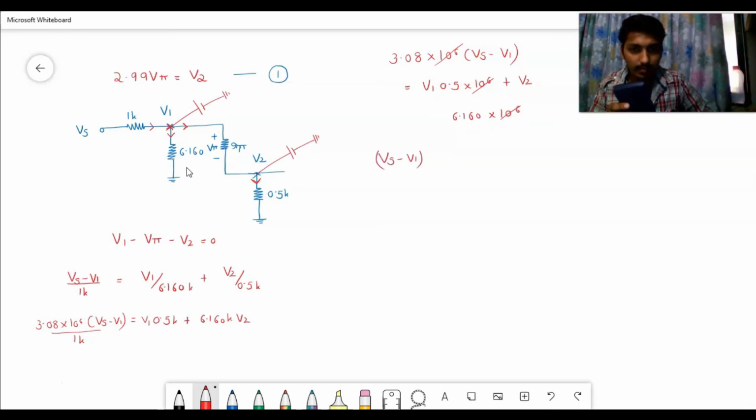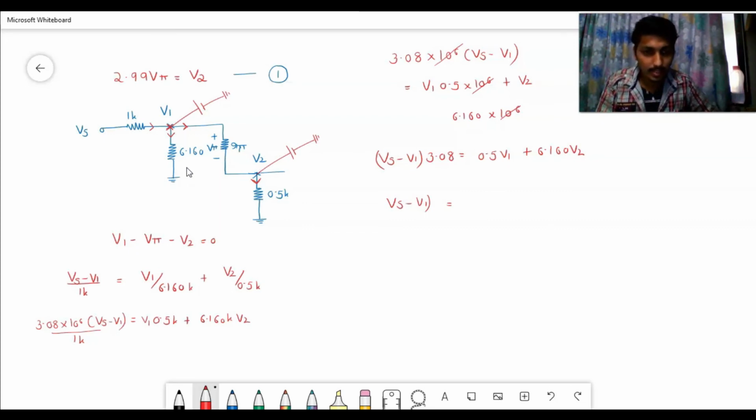Vs minus V1 3.08, so V1 is nothing but 0.5 V1 plus 6.160 V2. Vs minus V1, dividing on both sides by 3.08, 0.5 divided by 3.08 comes out to be 0.1623 V1. If we talk about this, 6.160 divided by 3.08 is nothing but, okay, sure, approx 2 V2.